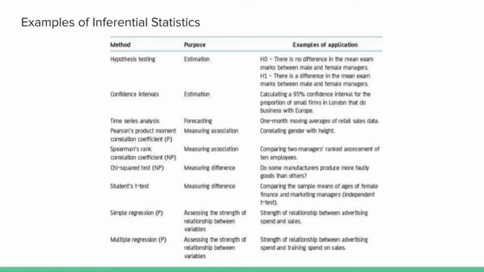When we measure the difference, we use chi-square and also the student's t-test. In assessing the strength of the relationship between variables, we can use simple regression or multiple regression. Examples of application are written as illustration, as indicated.